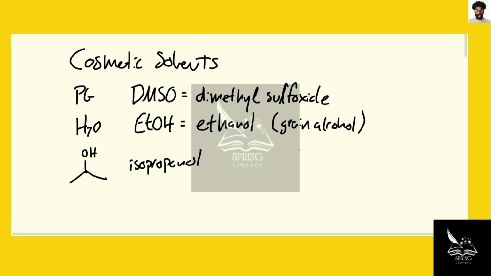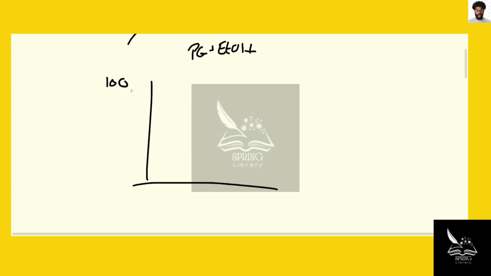So you can basically set up a matrix of propylene glycol and one of these. Consider you want to do like a 3 solvent system.